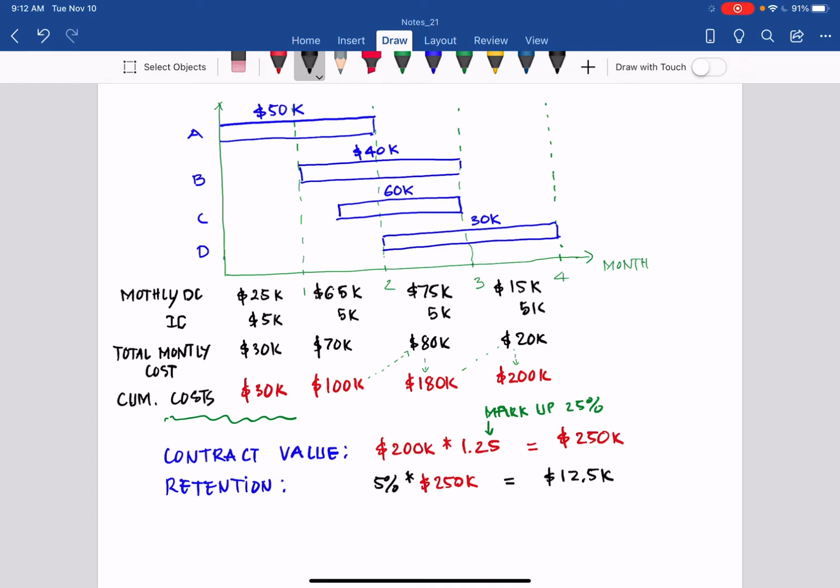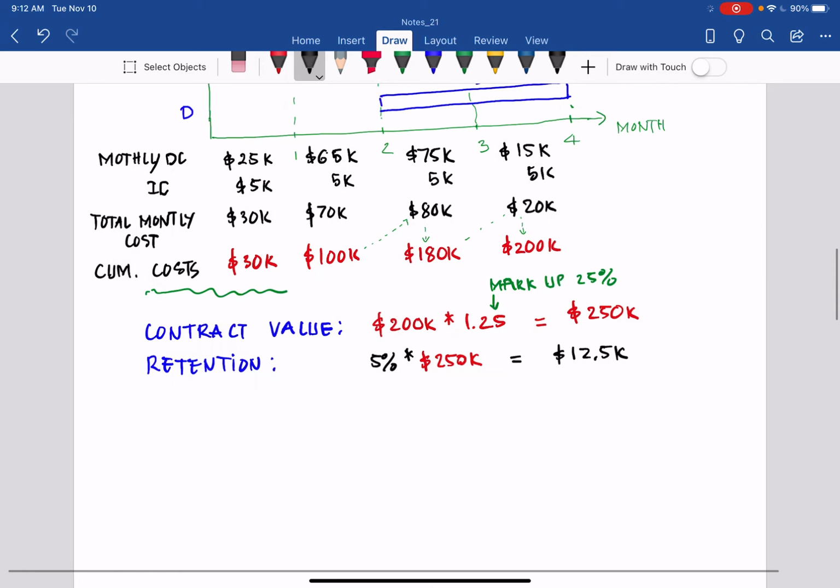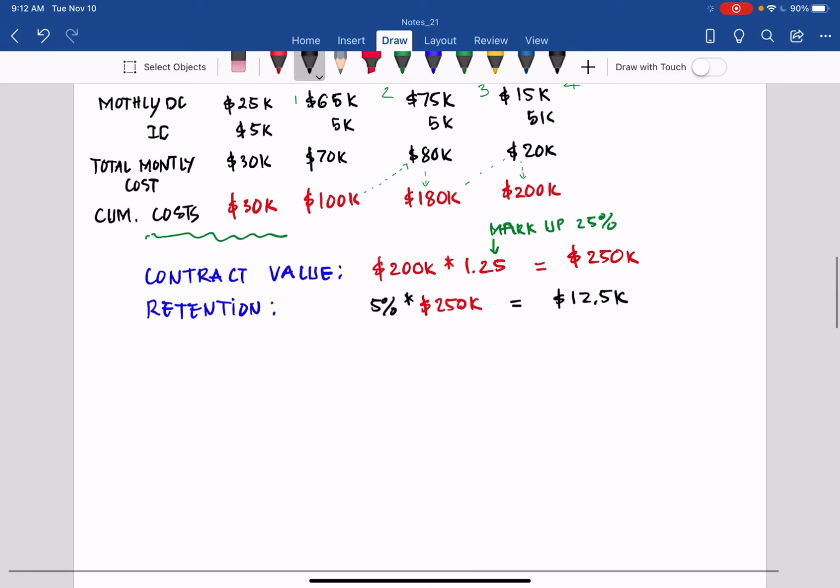In the first video of the solution for problem 1, we determined the monthly direct cost, indirect cost, total monthly cost, and the cumulative cost. And then we determined the contract value and retentions.